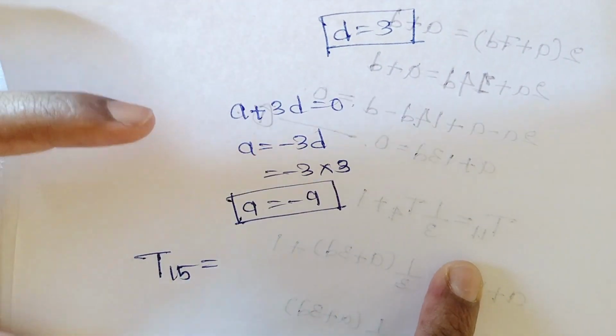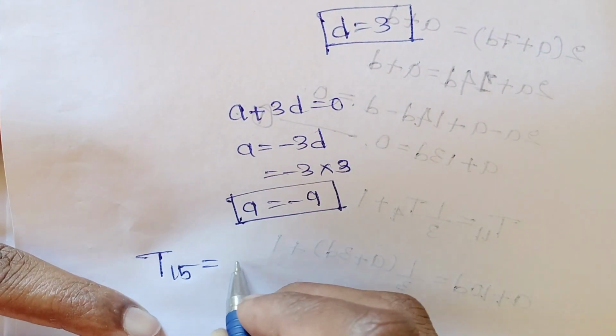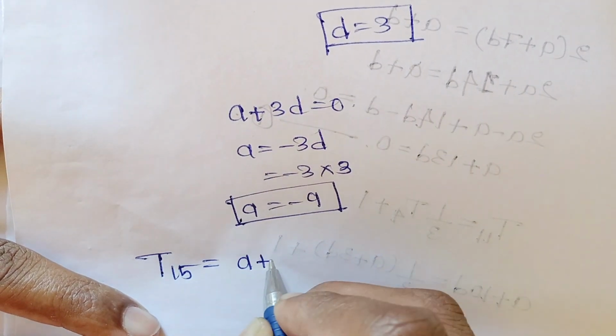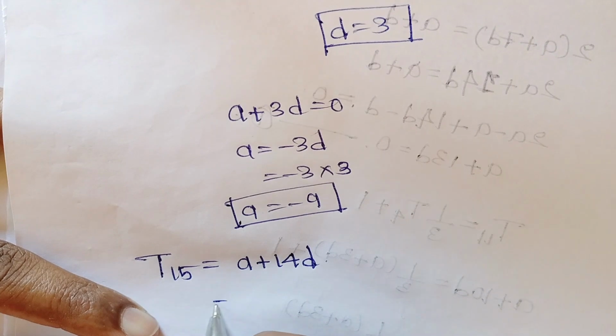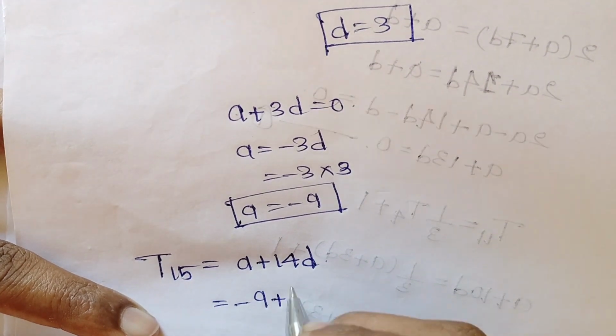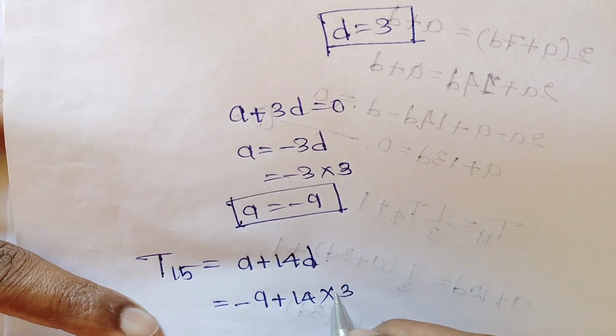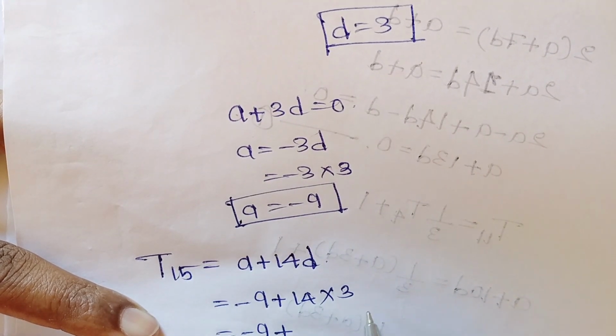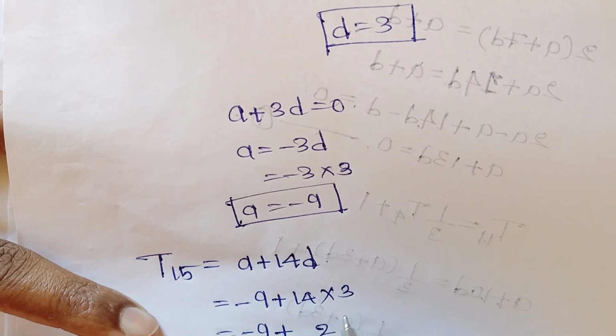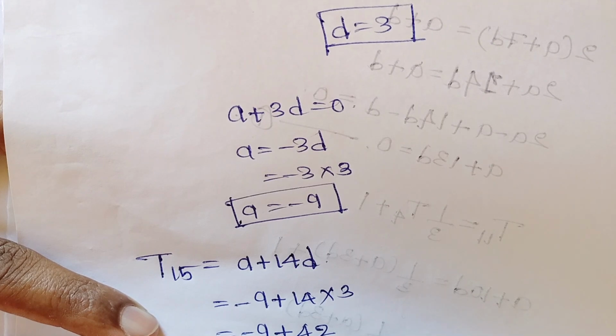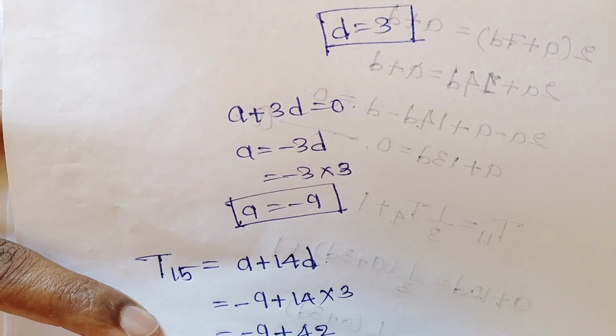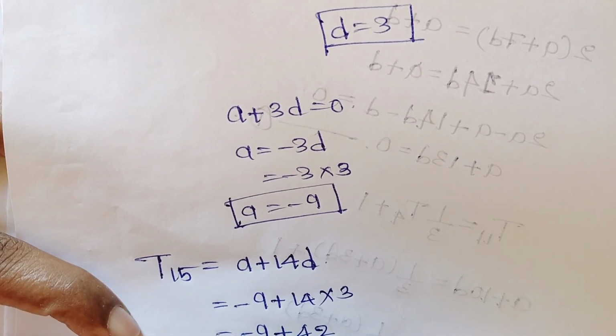Term number 15 is given as a plus 14d, which is minus 9 plus 14 times 3, that is minus 9 plus 42, and that becomes 33. Term number 15 becomes 33.